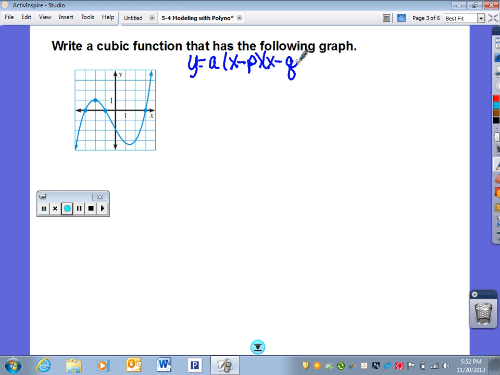And we will do that same format for a cubic function by simply adding one more intercept onto here. Then we will calculate and find a, our leading coefficient, and then be able to write our equation.